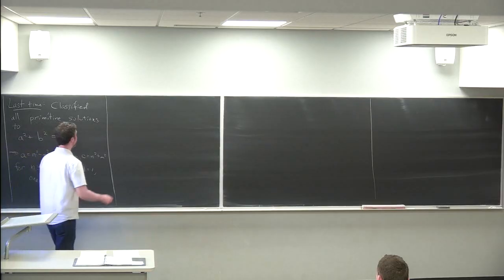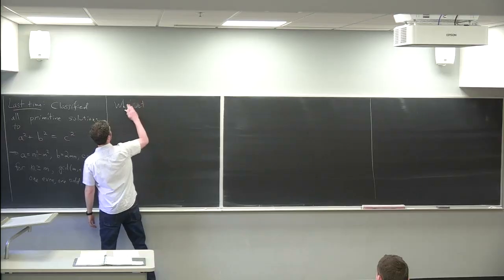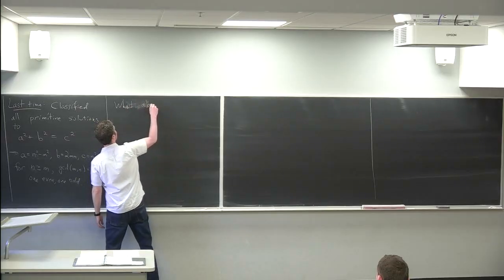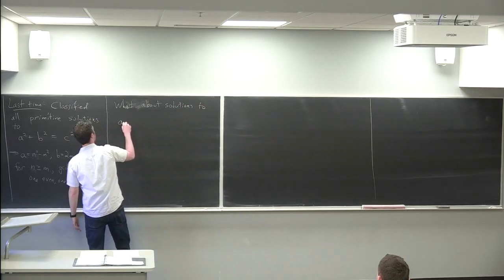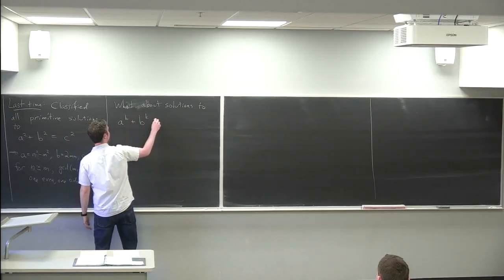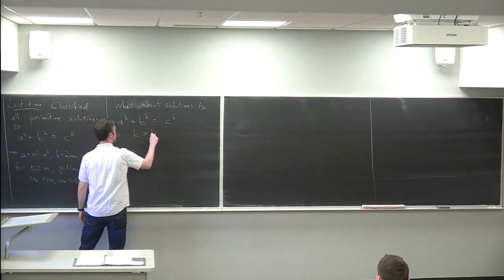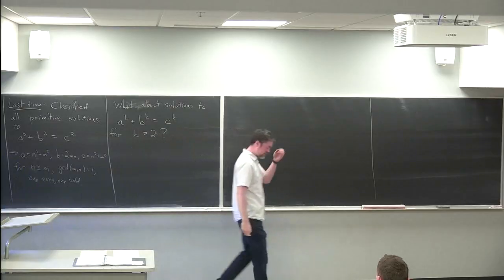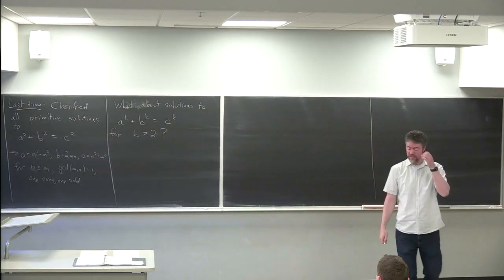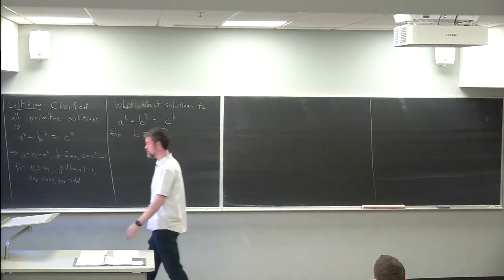So you could say, what about solutions to a to the k plus b to the k equals c to the k, let's say for k larger than 2? If you up the exponent and consider this instead, this turned out to be a really famous and famously difficult question. But anyway, it turns out there are no solutions.